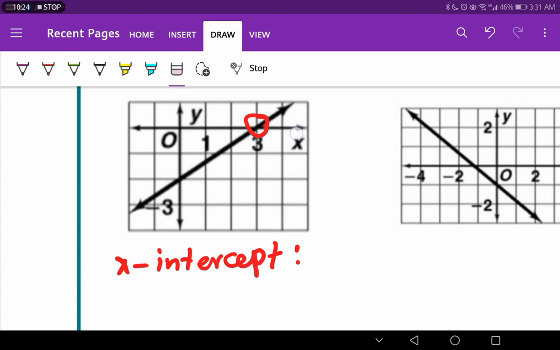You see, let me color it in another color. You see where the line, this red line, hits the x-axis, it hits here. You see, 3. Easy, yes?